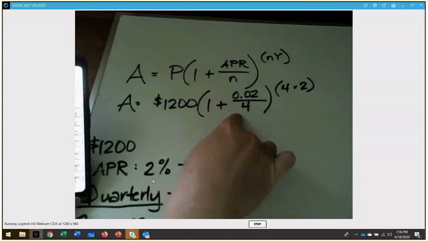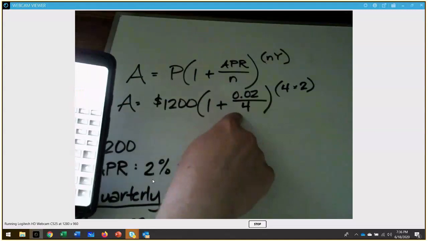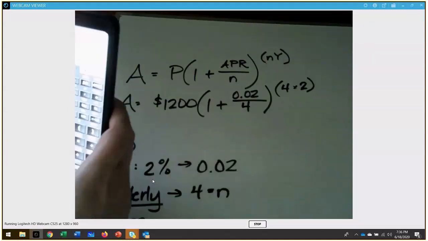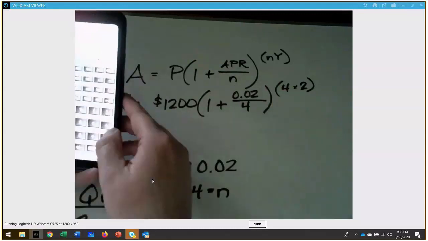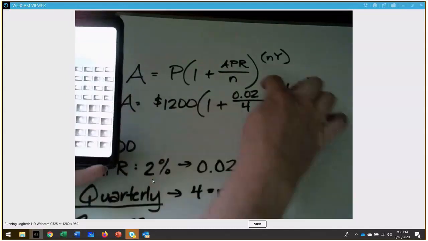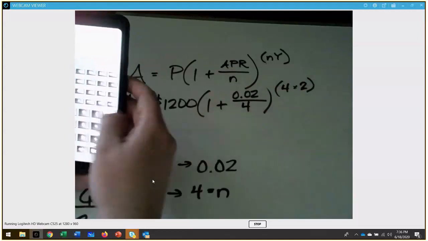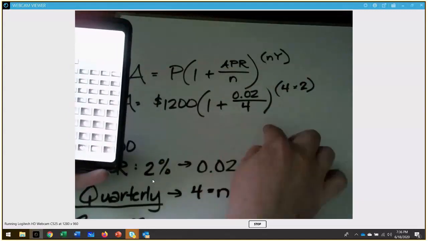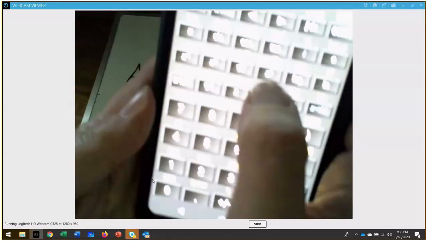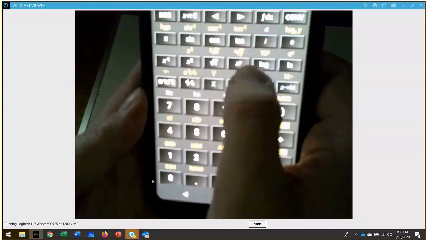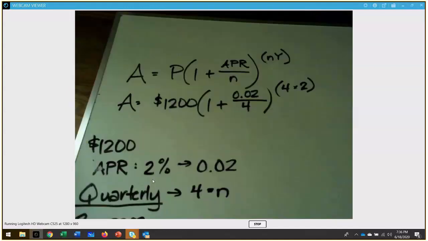And now this part right here is division. So I'm going to do 0.02 divided by 4. And then I'm going to close my parentheses. And now I need to go up into this exponent. So on my calculator, I have a Y to the X button. You can't see that.